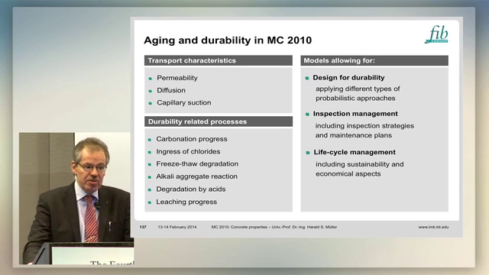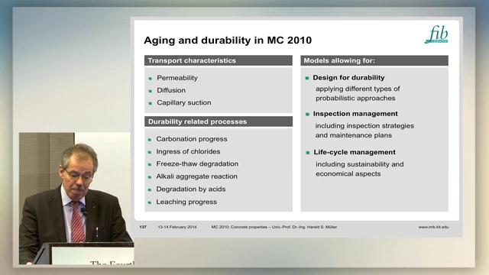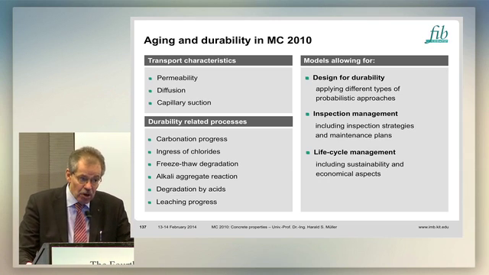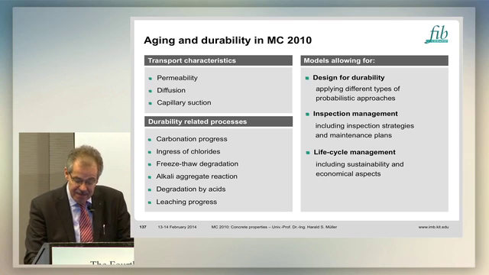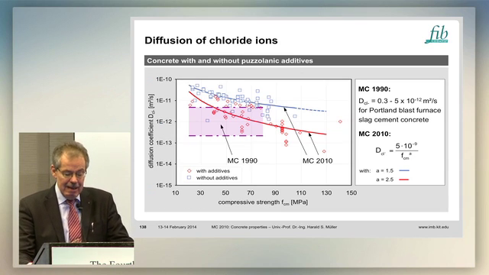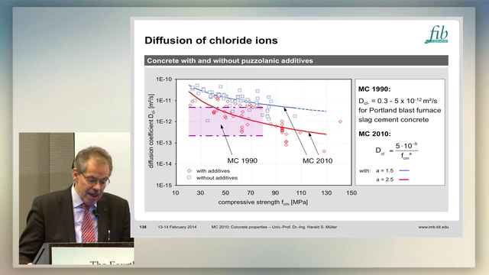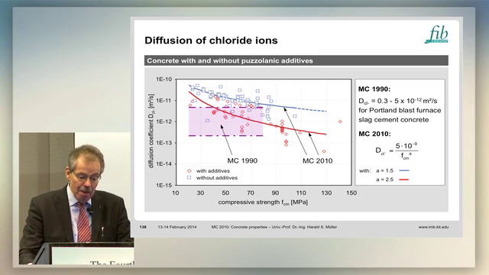And the models which are presented allow for design for durability for different types of concrete, different probabilistics. I will show you a practical example. Inspection management and also life cycle management is possible with a relation given in Model Code 2010. You have here, for example, the diagram showing the diffusion coefficient depending on the compressive strength.